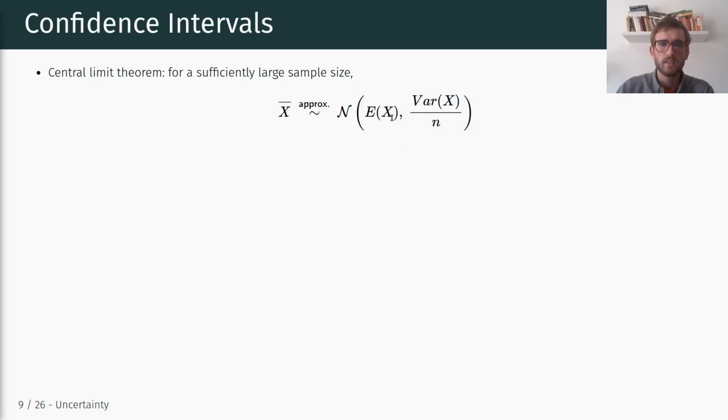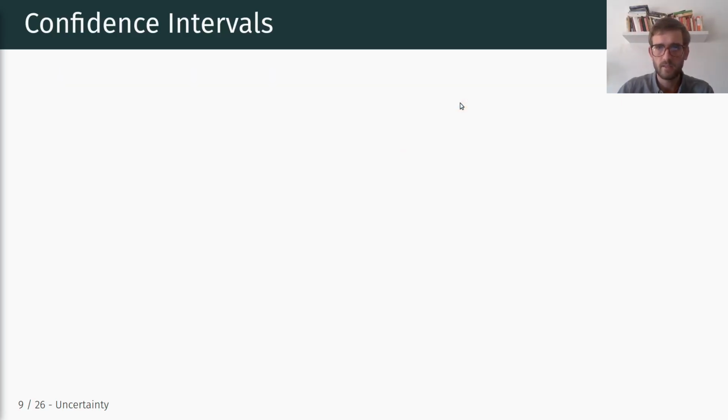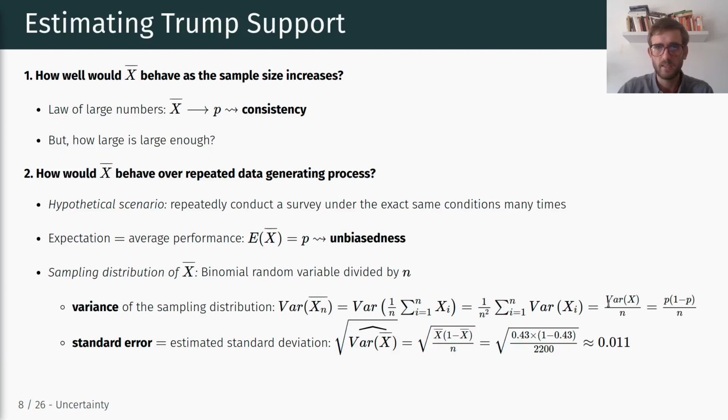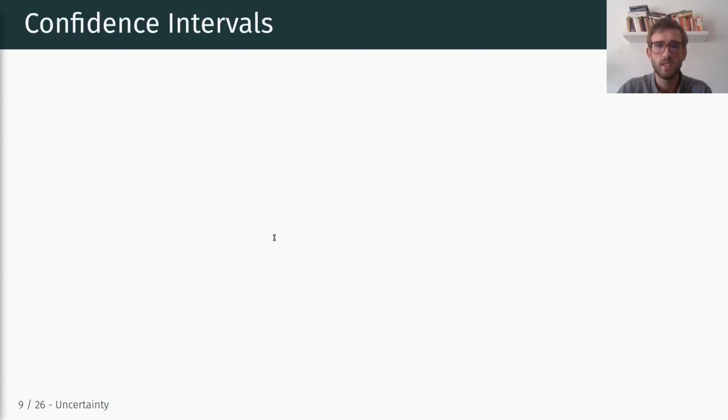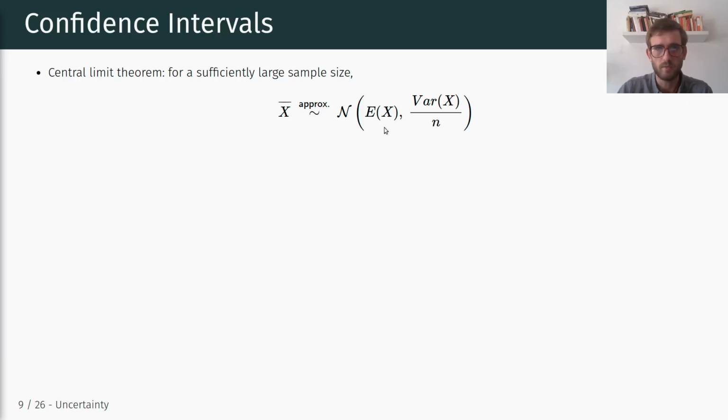In the last video, we derived the variance of the sampling distribution, and we talked about x bar being unbiased, and therefore the expectation of the sampling distribution is equal to the true population parameter.